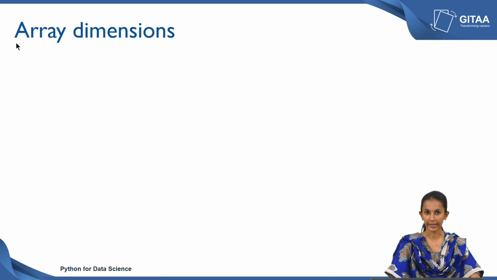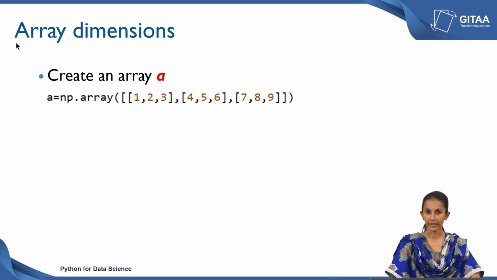Let us look at the array dimensions. So, we will create an array A. I will show you the second method to create an array: np.array. Before calling np, you have to import numpy as np, and then you can call np.array. Inside the parentheses, you have to specify the values.